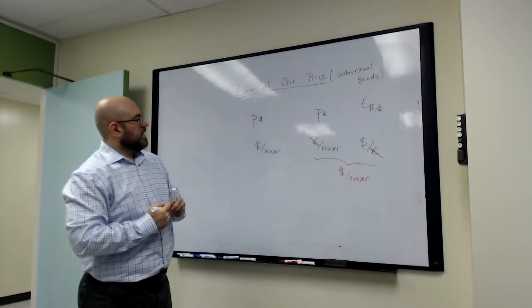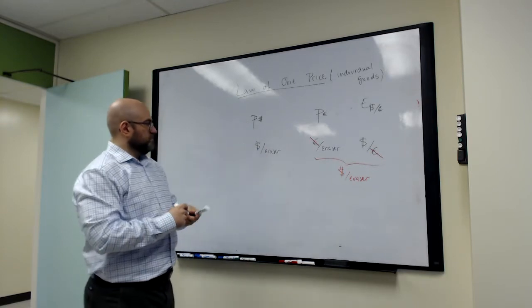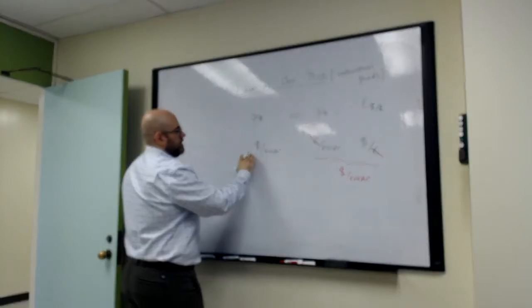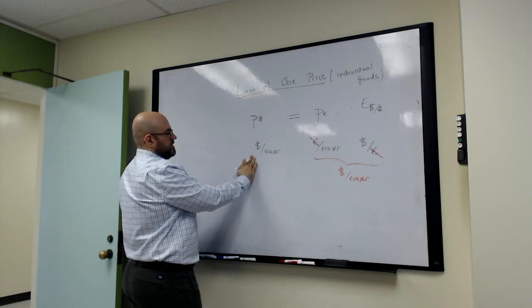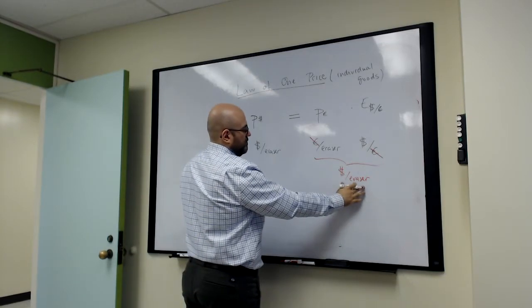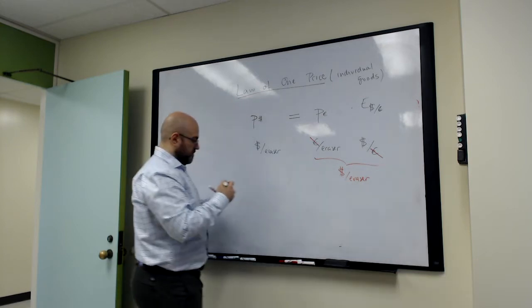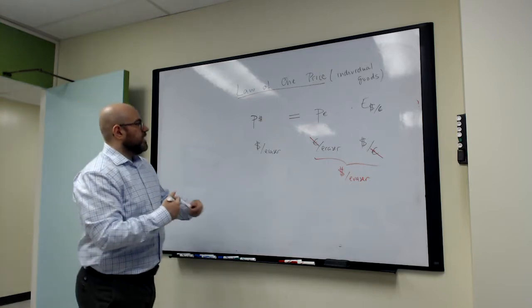So that's what we have also on the left hand side where we are looking at the US price. So if the law of one price holds, you have to pay the same amount of dollars to buy an eraser in the US, and you have to pay the same amount of dollars to buy an eraser in Europe. So the takeaway is the following.